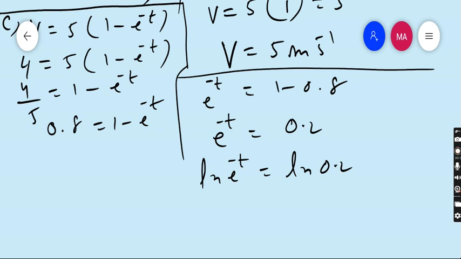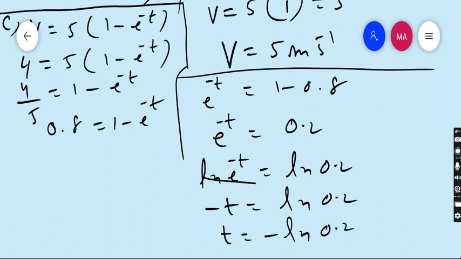Kindly wait. So ln and e cancel. Minus t equals ln 0.2, or t equals minus ln 0.2.